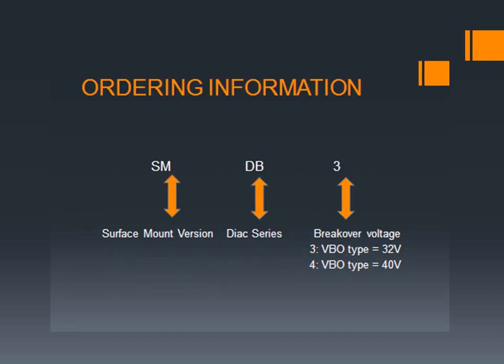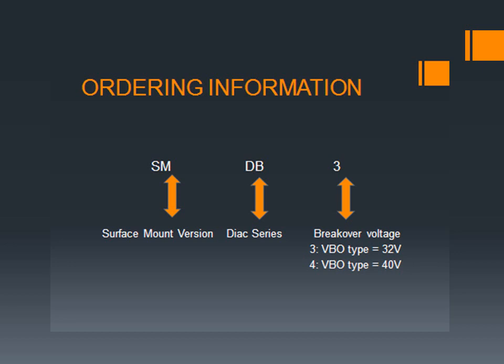Now whenever I want to purchase the diac, the series will be shown like this: SM, DB and 3 or DB4. What is this SM? SM is nothing but the surface mount version. The main utility of this surface mount version is that it provides reduced space and compatibility.